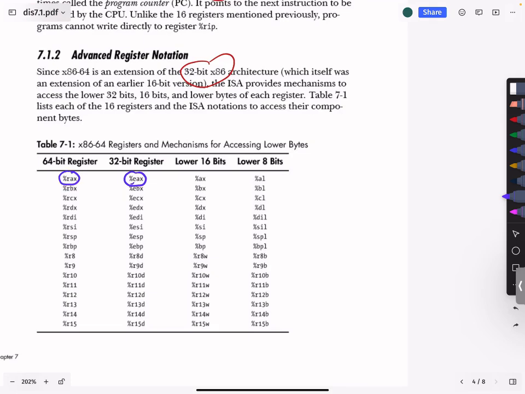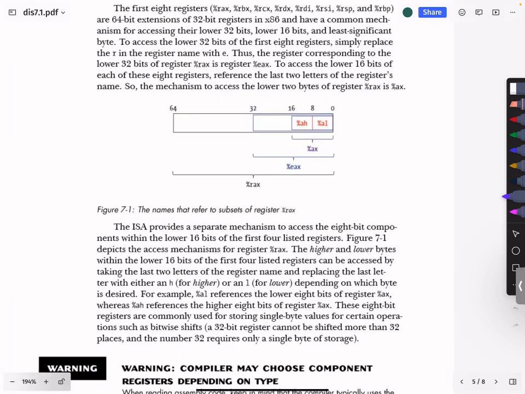I think there's a picture here. So if you imagine that RAX is 64 bits, which, by the way, notice that this register is 64 bits because that is the amount of space needed to hold an address. But in any case, if we imagine that RAX is this entire thing, then EAX is the right half of the exact same register.